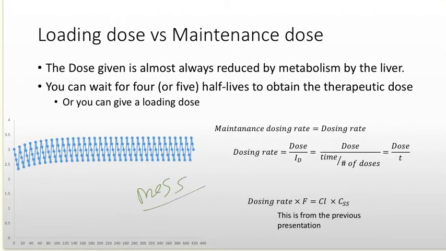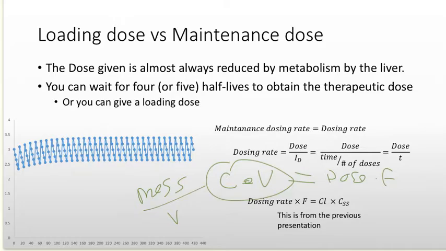So how much mass is output, and we can say, remember that mass divided by volume is equal to concentration. So my mass leaving is equal to the concentration times the volume. The concentration times the volume is the mass leaving, and I want to set that equal to the mass coming in. And the mass coming in, remember, is going to be equal to the dose times the bioavailable fraction.